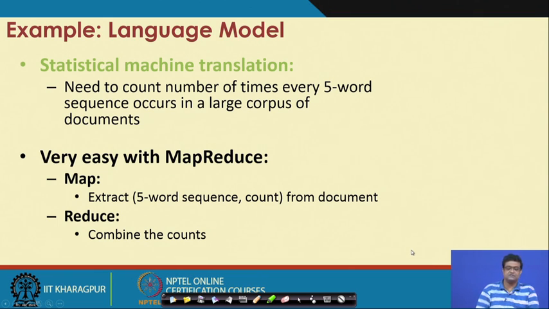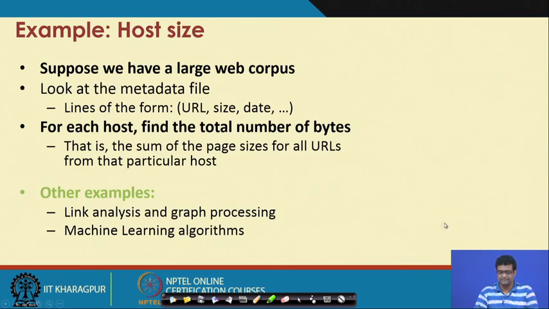So, for example, let us say you need to count the number of times every 5 word sequence, also called a 5 gram, in general k gram, every k word sequence, that occurs in a large corpus of documents. And you can write a MapReduce program where you write a mapper and a reducer, and you can achieve this task in a distributed manner very easily.